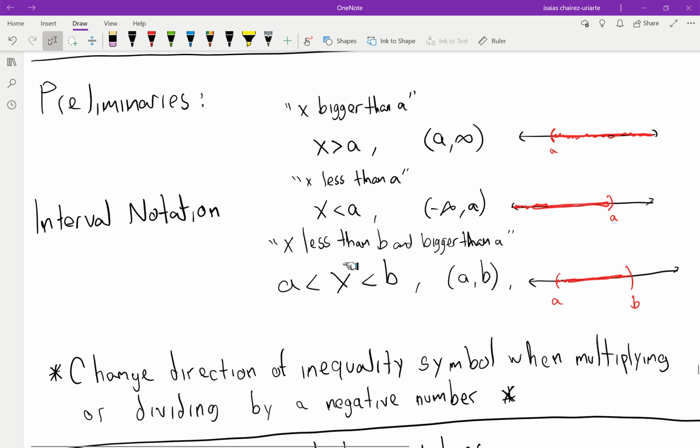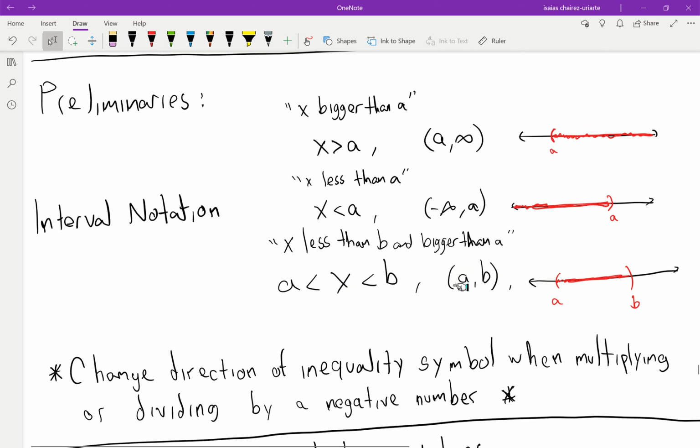You could have what's called a compound inequality. It's two inequalities in one. The way you read this is that x is less than b and bigger than a, and the interval notation for that is parentheses a comma b parentheses. It's all the values that are between a and b, but not including a and not including b.